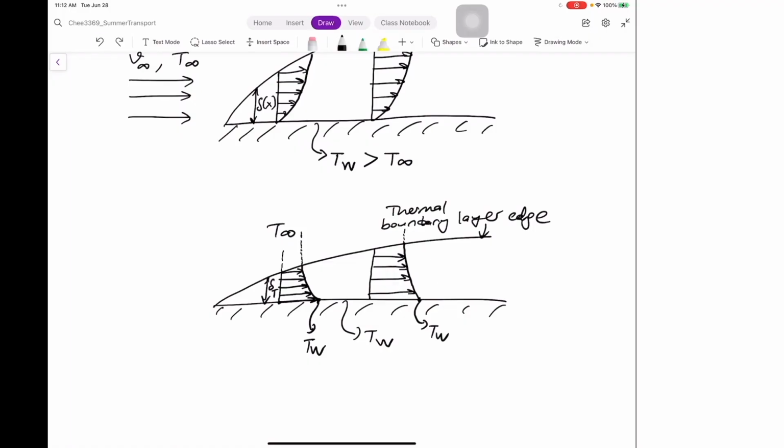As you go in this direction, the effect of the plate is felt at a larger and larger distance. So that's the essence of the change of the boundary layer thickness with x.